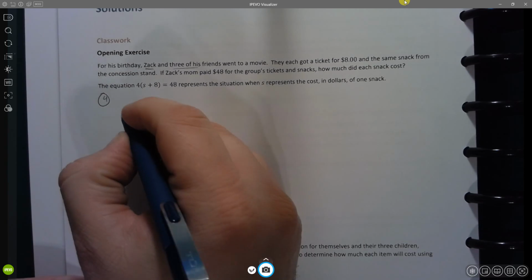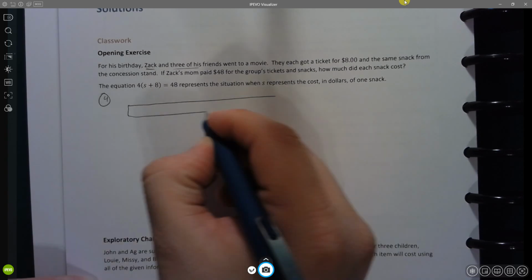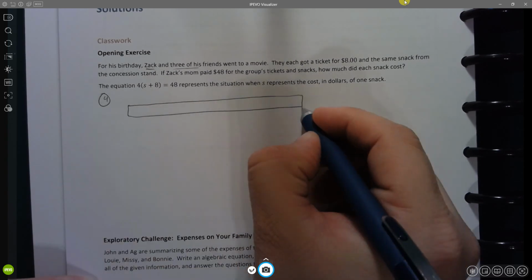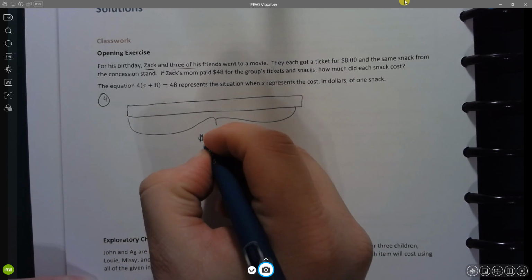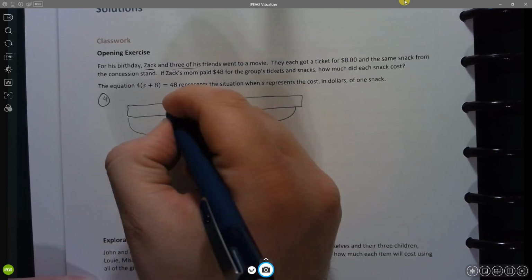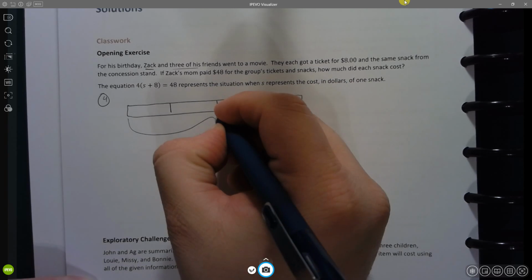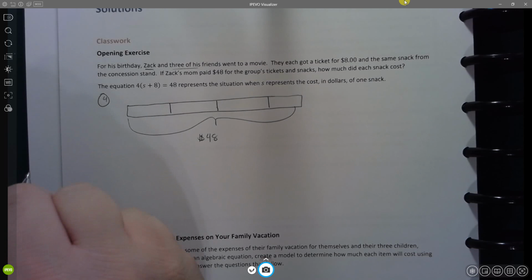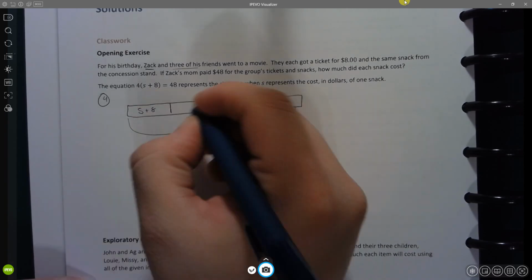Now, the whole thing, this is what you call a tape diagram. This whole thing right here is $48. But each person got a snack and spent $8 on the ticket.